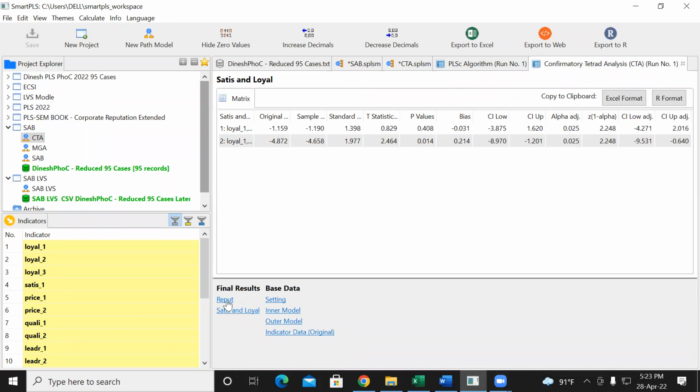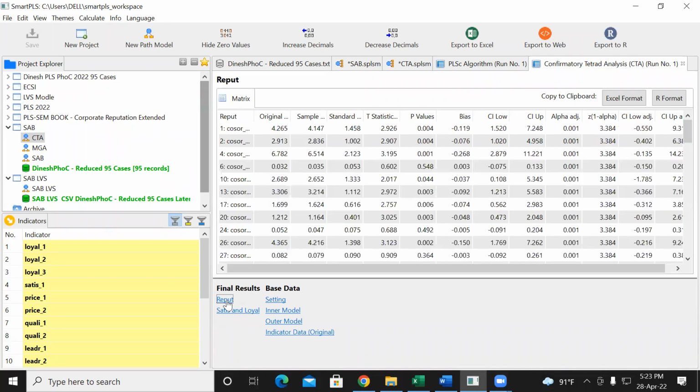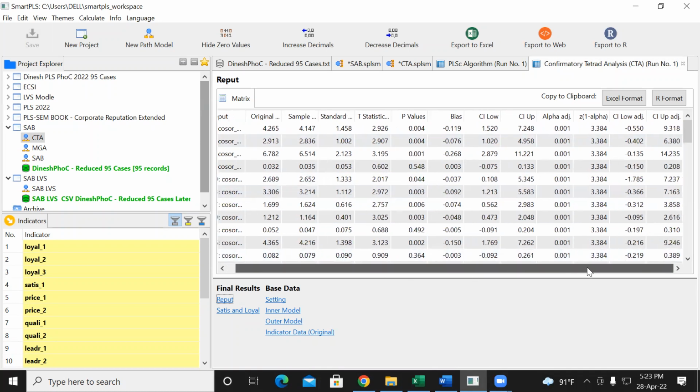I first go for reputation construct that is having more than 3 indicators. Now under reputation in this matrix, you have to go to the last 2 columns. Confidence interval lower level adjusted, confidence interval upper level adjusted, right? That one you have to see.